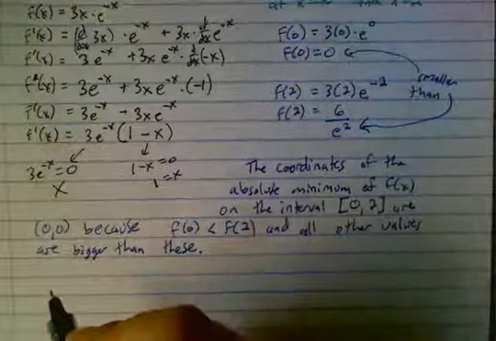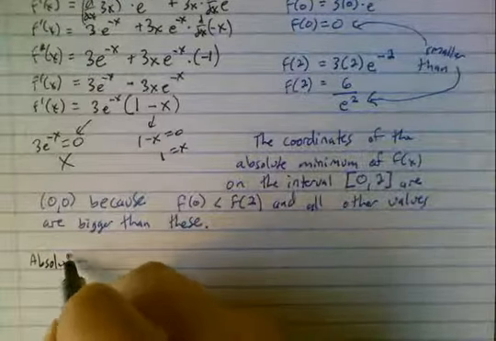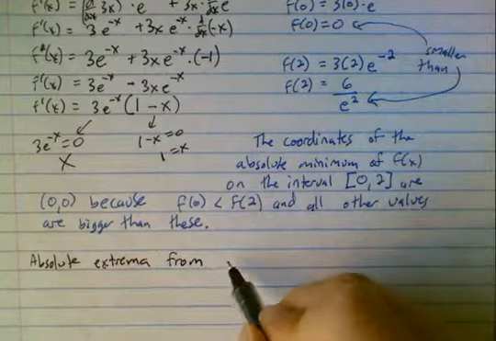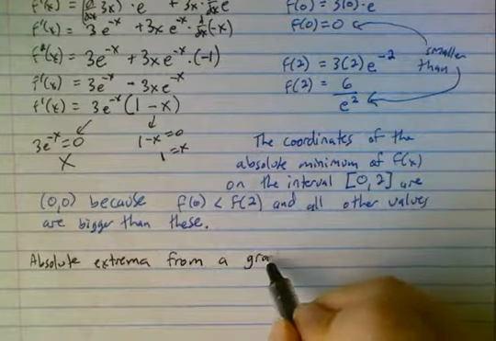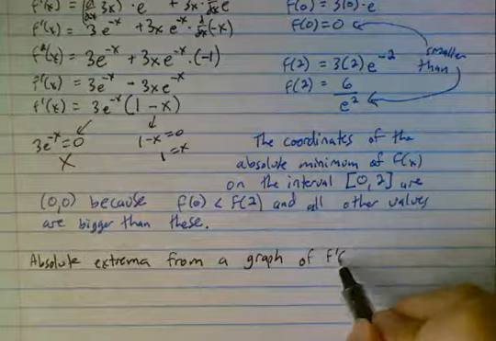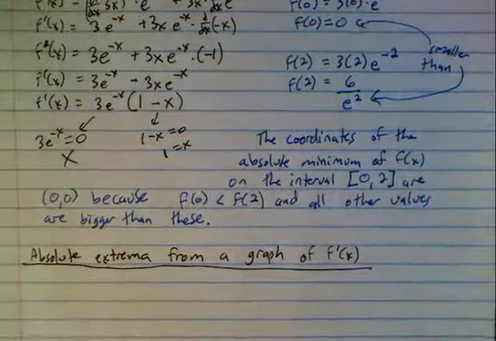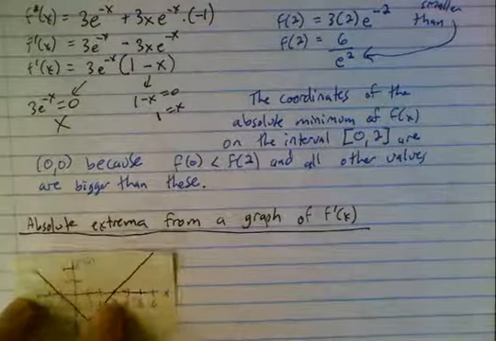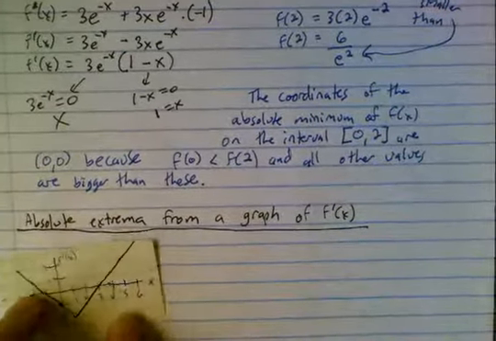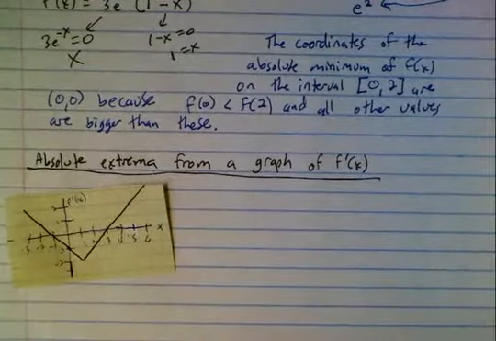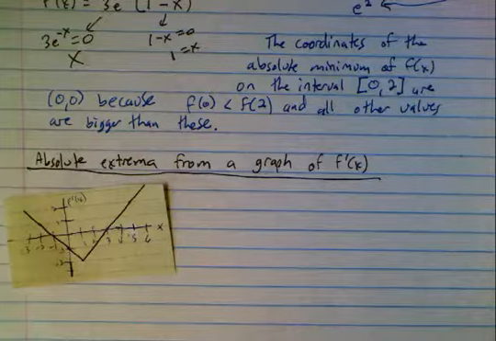We can also find absolute extrema from a graph of f prime. Let's say we have a little graph right here. But to be able to do this, though, we first have to be able to find the value of any value of f of x if we have a graph of f prime of x and an initial condition.